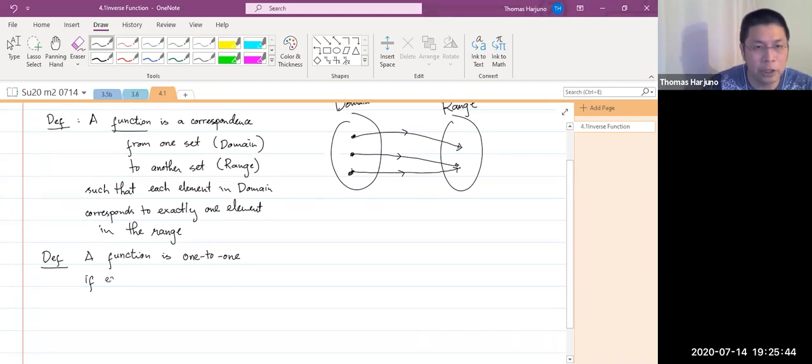If each element in the range corresponds to one element in the domain.